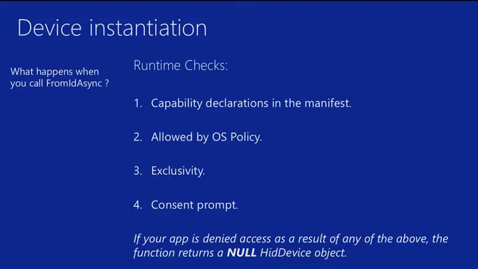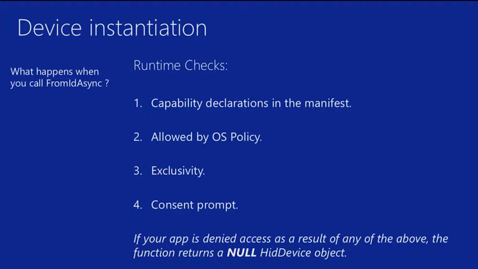So just to make sure that we drive the point that we were making earlier home, when we call FromIdAsync, there are a few runtime checks that are performed under the covers. First, we check for the capability declarations. Remember the intent that you expressed in the app. Second, we make sure that the device that you're trying to access is one that we allow access to. In other words, it's not something that is conflicting with existing OS behavior. For example, we don't want you opening a keyboard or a mouse, for obvious reasons.